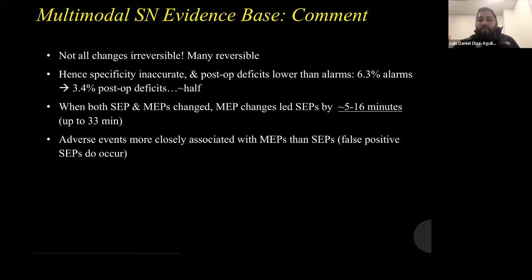And of course, referring back to previous discussion, the SSEPs are delayed compared to MEPs by a solid 5 to 16 minutes, up to 33 minutes, depending on which paper you look at. As such, adverse events are more closely associated with MEPs rather than SSEPs, with a lower rate of false positives.